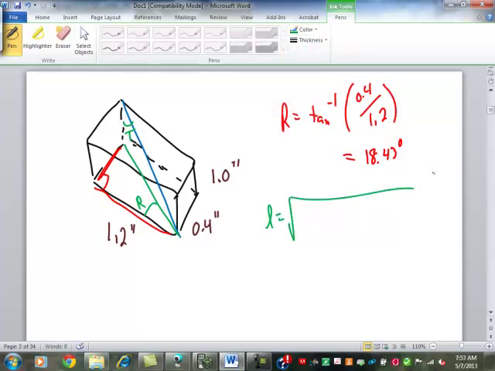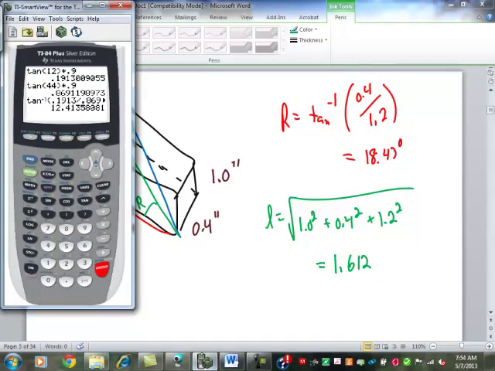Next, I want to know the length, which is the square root of 1.0 squared plus 0.4 squared plus 1.2 squared, which is 1.612. Did I do that wrong? That doesn't look right. So that's what I got. 1.612.